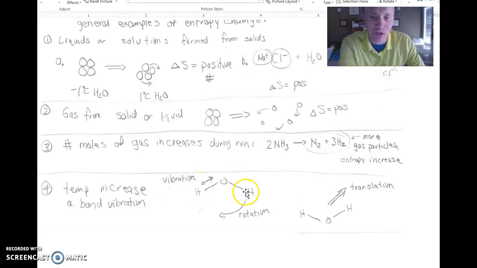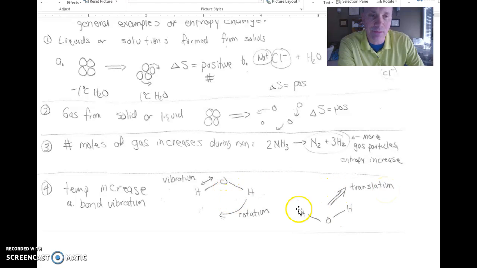If this entire water molecule were to rotate, were just to spin, that would be rotational motion. And translational motion is when this whole thing moves from point A to point B. So if I were to draw, say, 1 second, the water molecule's here, and the next second, the exact same molecule is right here. Even if it doesn't rotate, it just moves from here to here, that's considered translational motion.